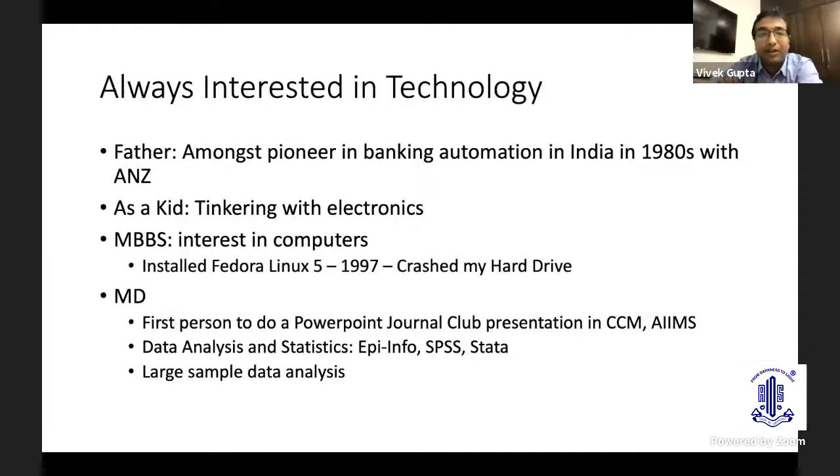I installed Linux on my personal computer way back in 1997, and I crashed my hard drive and it had to go back to the company. At that time, nobody had heard about Linux. I was the first to do a journal club presentation on it in my department at AIIMS during my MD days. As part of my MD curriculum, I did data analysis, statistics, technology. So it went with my passion.